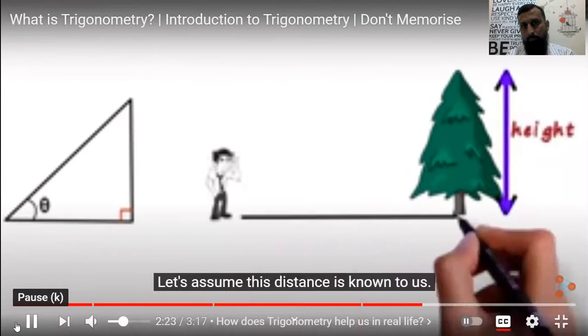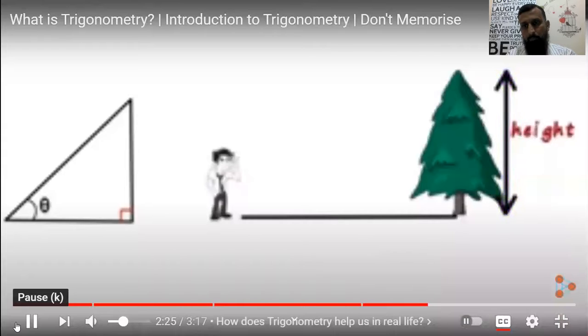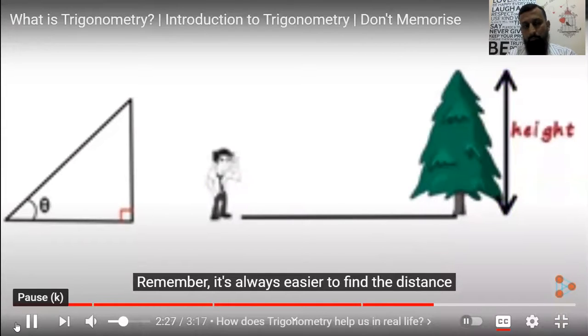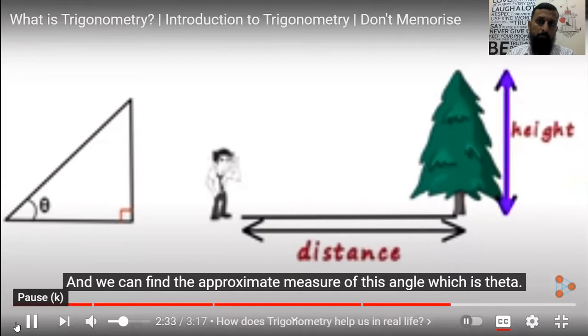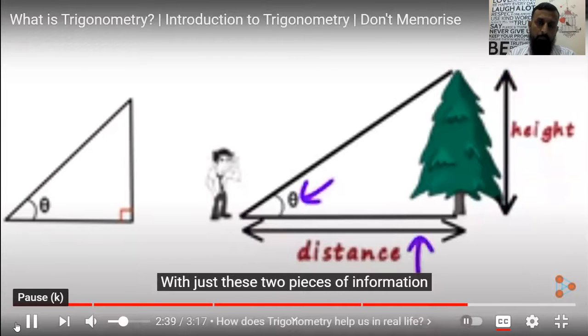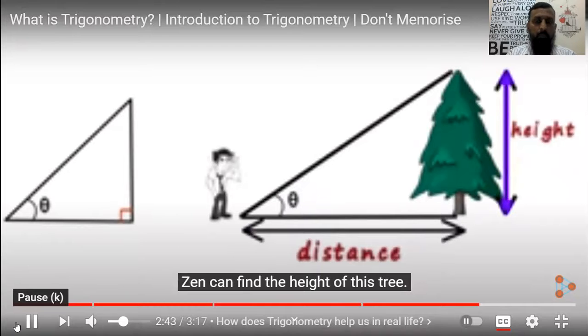Let's assume this distance is known to us. Remember, it's always easier to find the distance or the length on the ground than finding the distance vertically. And we can find the approximate measure of this angle, which is theta. With just these 2 pieces of information, Zen can find the height of this tree.